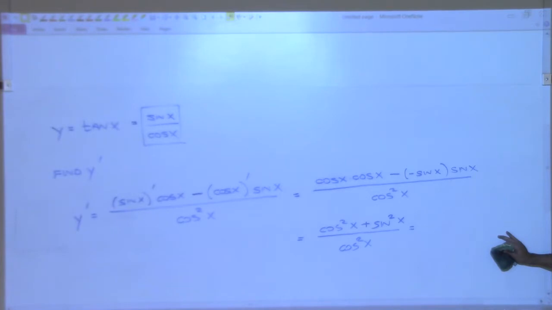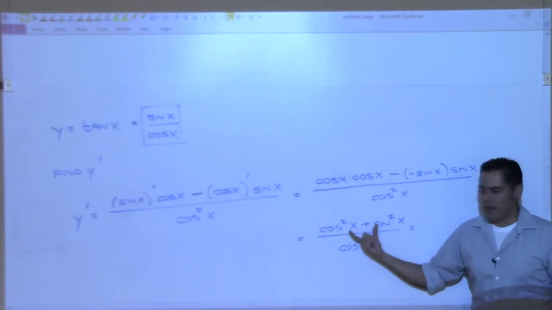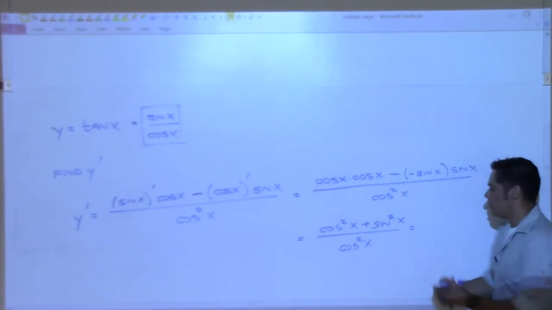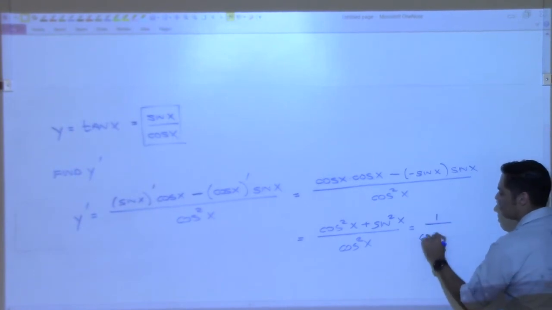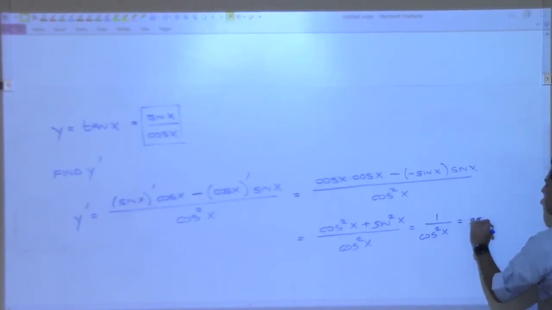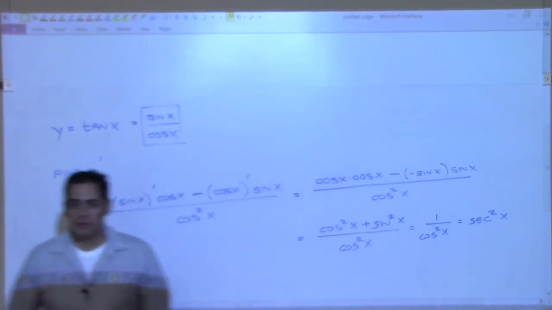The numerator is 1. This is your Pythagorean identity from pre-cal, the most important Pythagorean identity that's out there. Sine squared x plus cosine squared x is 1. So the top is 1 and the bottom is cosine squared x. And I just showed you a second ago that this is secant squared x.